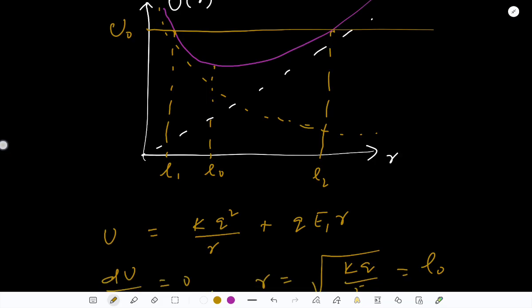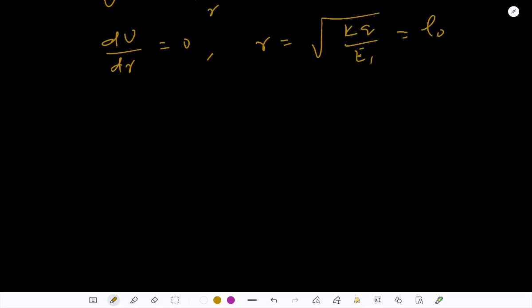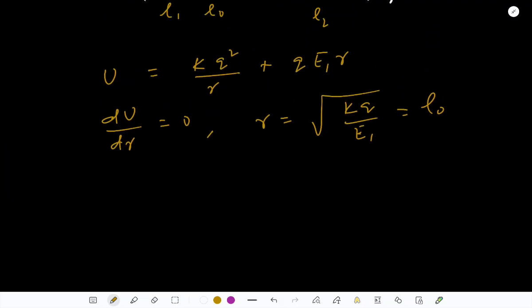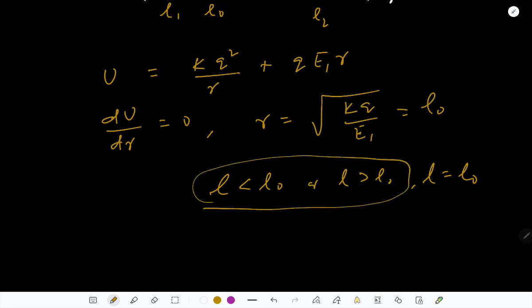So the maximum distance between the charged particles during the whole course of motion is the initial distance in all cases, whether the initial length is less than L naught or greater than L naught or even equal to L naught. In the case of L naught, the distance between the charges is not going to change, and in all cases the maximum distance between the charged particles is the initial length, whatever the initial length is.